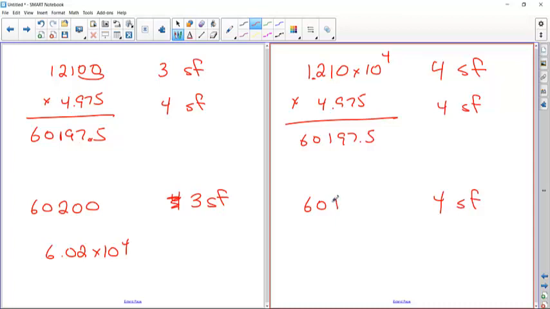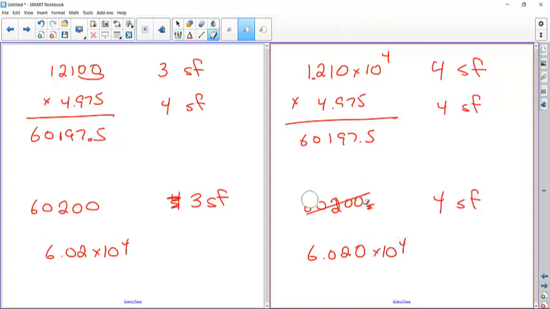So it's going to be 60,200. Well, interestingly, if you rounded that up, you'd round it up to 200. The problem is, how do you show 4 significant figures? Well, you can't here. You would have to do it as 6.020 times 10 to the 4th.